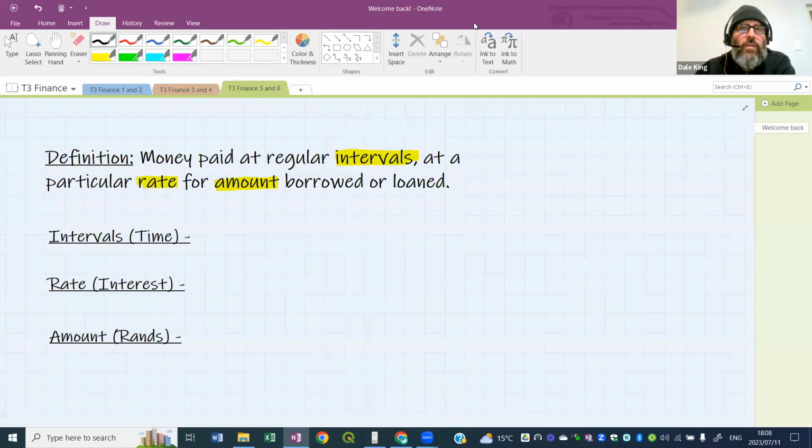What interval of time do you know that interest is applied on an amount that's borrowed or loaned? Are we talking seconds here? Are we talking weeks? What interval of time are we talking about when we look at interest calculations? Who knows? Anybody?